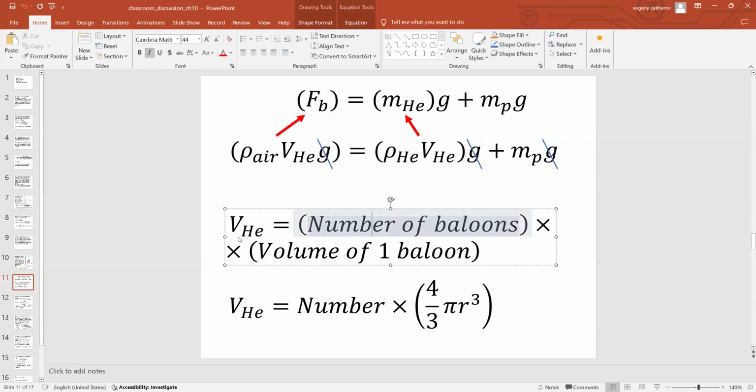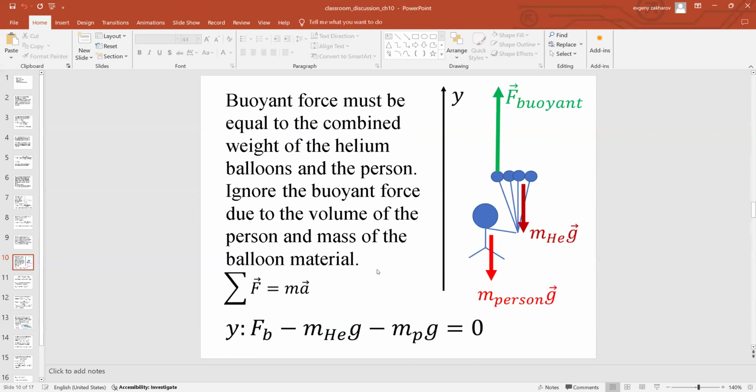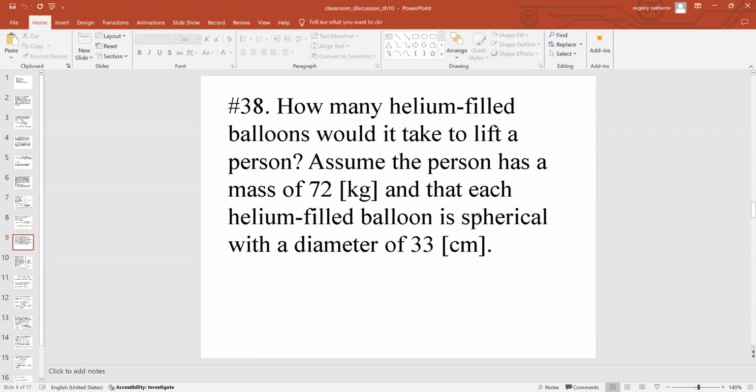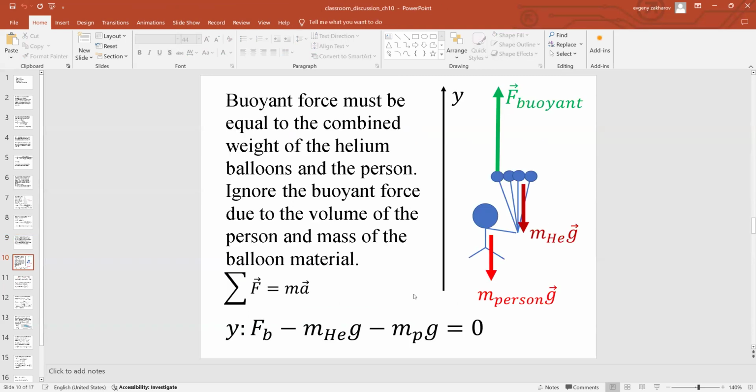On the other hand, you can calculate the volume of the helium needed for those balloons as the volume of one balloon times the number of balloons. You know that one balloon has a certain volume, and it says specifically that a balloon is a sphere with a certain diameter. Be careful, those are centimeters. You can't use centimeters. You have to convert to meters.